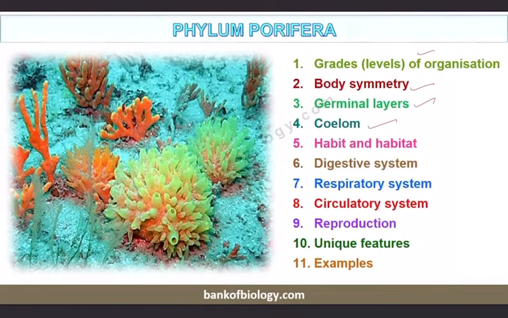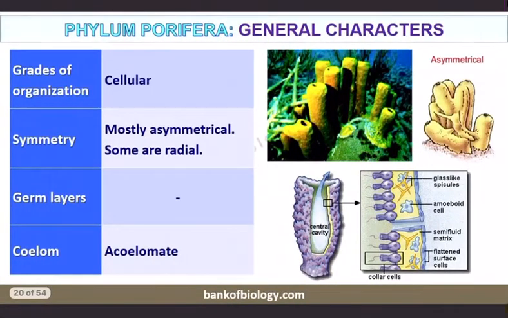Here we are going to talk about the grades of organization, the body symmetry, how many germinal layers there are, whether coelom is present or absent, what the digestive system is made up of, how respiration and circulation take place, how they reproduce, and special characteristics of PORIFERA with examples. So this is how we cover phylum PORIFERA.